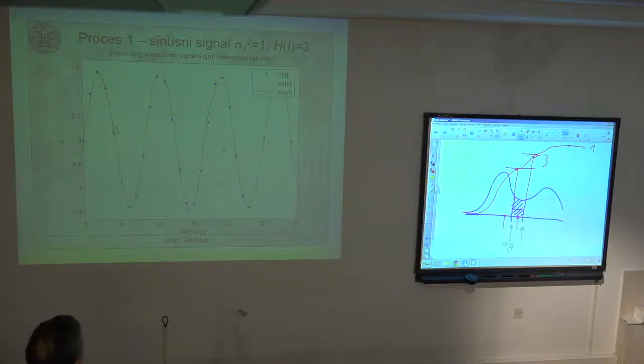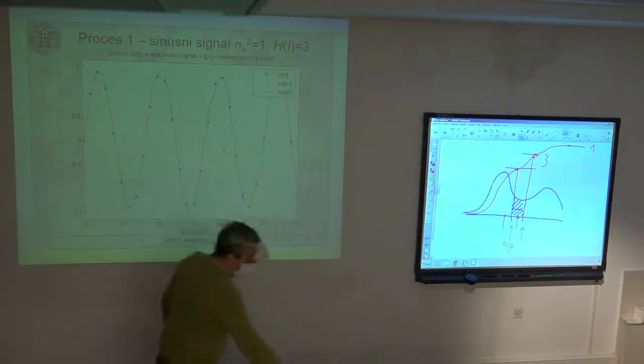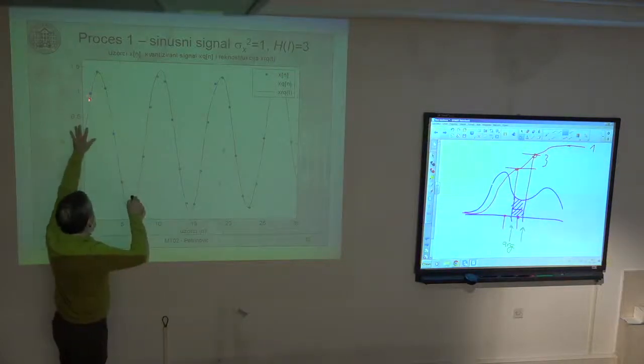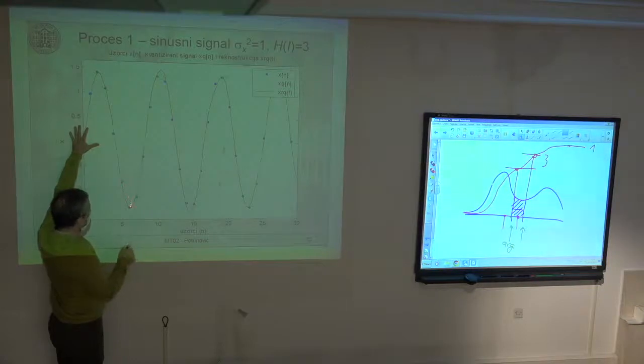And once I have this quantized green signal, I will interpolate, using ideal interpolation, this red curve through the quantized samples. You can observe here that this red curve passes through the edges of the green steps. Green step, green step, green step here, green step here.